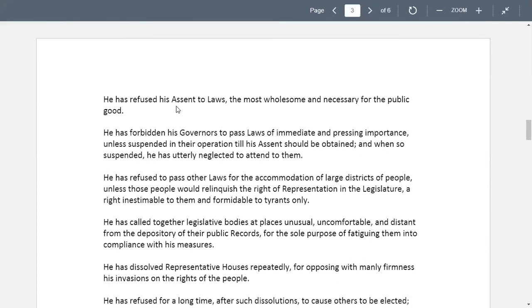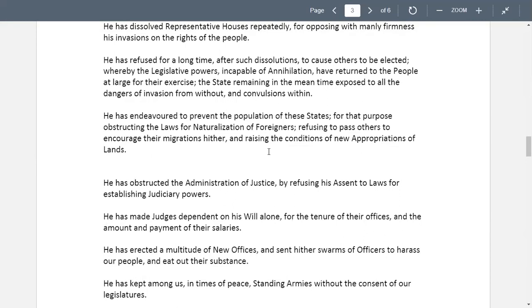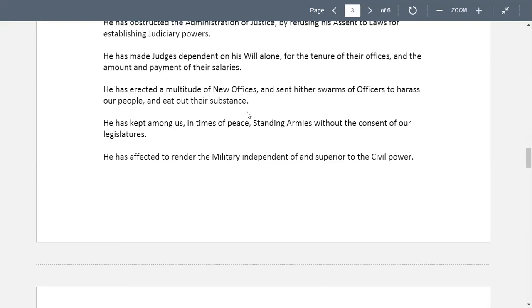You have done this to us. You have done that to us. You have done this to us. So we'd have to summarize it for our purposes and say, you have committed many offenses that rob us, meaning the colonists, of our unalienable rights to life, liberty, and pursuit of happiness. This is just kind of spelling it out.